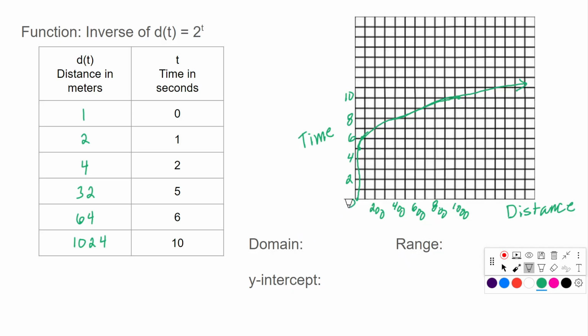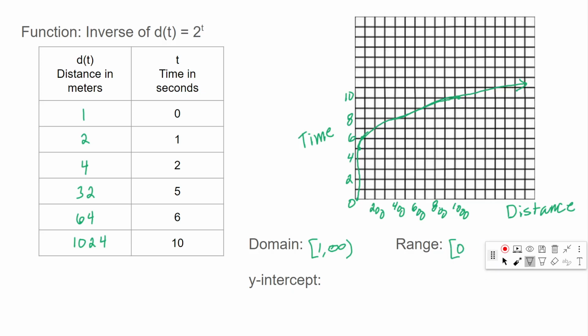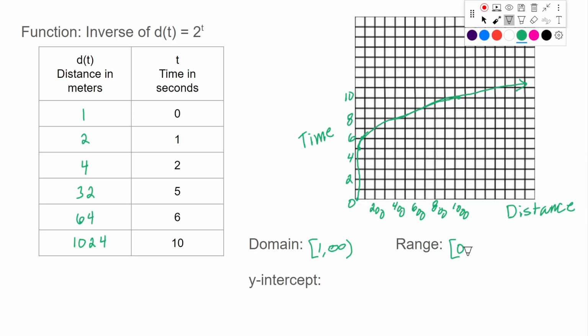The domain is starting at 1 this time and going off to infinity. So the range of our function is now the domain of our inverse. And then our range starts at 0 this time and increases to infinity.